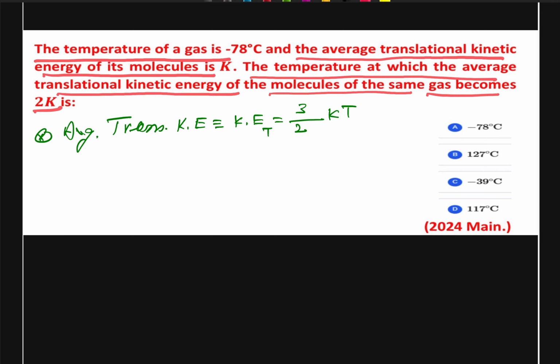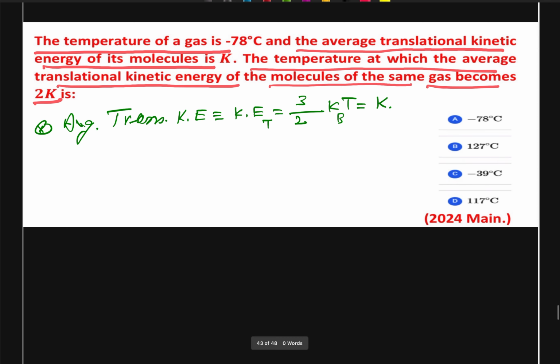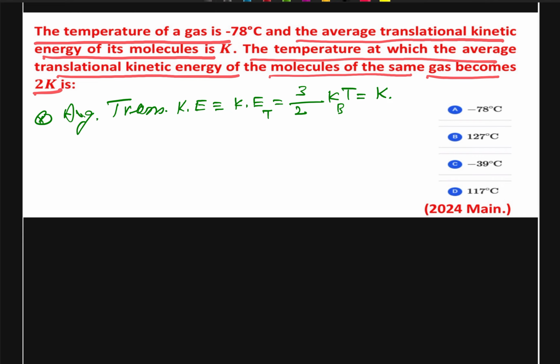In this case, let me write this constant as Kb, because kinetic energy is given as K, so this is going to differentiate. T is our absolute temperature, therefore T will be equal to minus 78 plus 273, which gives us 195 Kelvin.